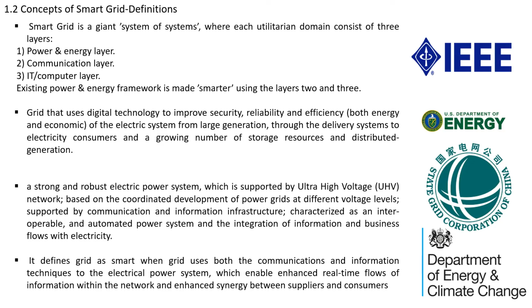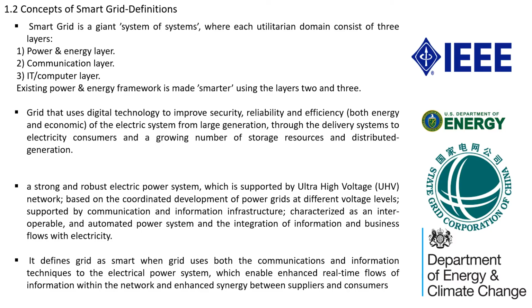And the UK Department of Energy and Climate Change defines a grid as smart when the grid uses both communications and information techniques in the electric power system, which enables enhanced real-time power flows of information within the network and enhanced synergy between suppliers and consumers.